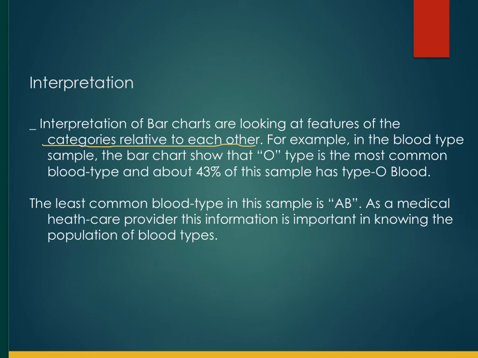For example, in the blood type sample, the bar chart shows that the O type is the most common blood type and is about 43% of the sample that has type O blood. The least common blood type in this sample is AB. As a medical health provider, this information is important in knowing the population of blood types so that you know what you have to have on hand in order to do transfusions.